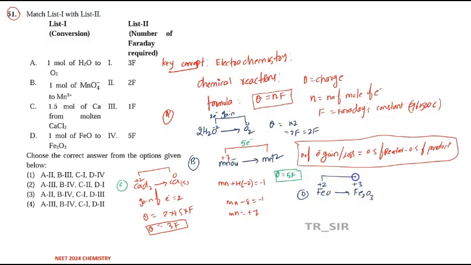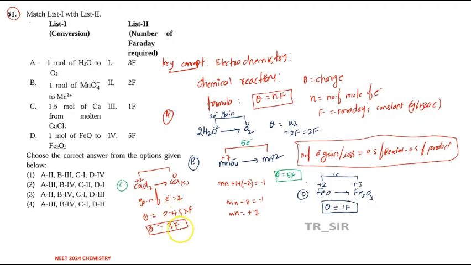So plus 2 to 3, one electron will be transferring. They are given only 1 mole, so 1 into Faraday. So we got 1 Faraday.